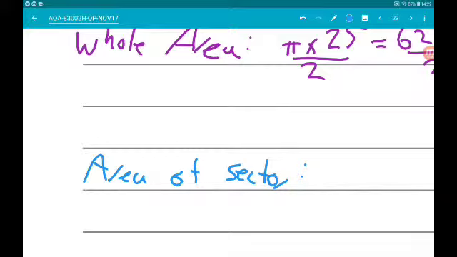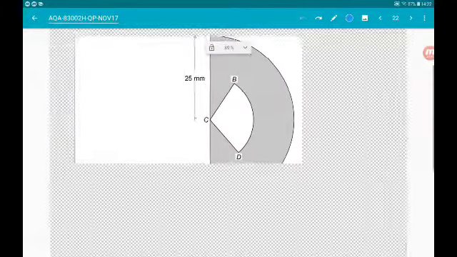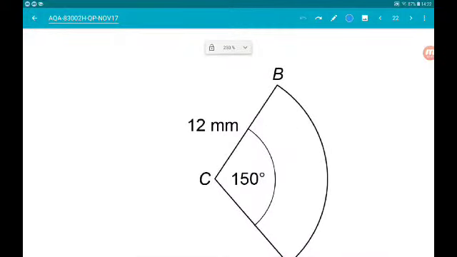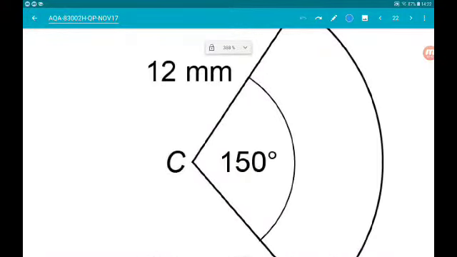Okay, so first up, the angle is important. The angle tells us what fraction of the whole circle the sector is.